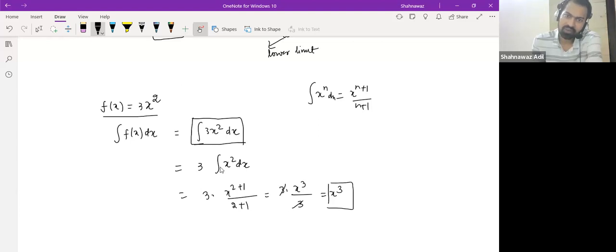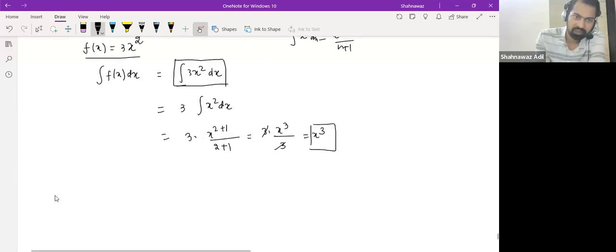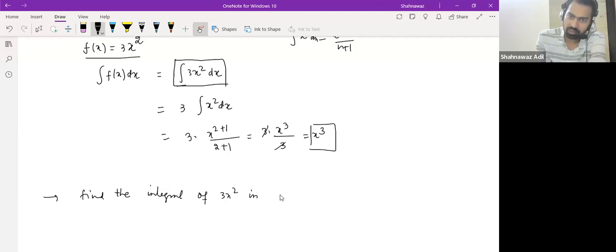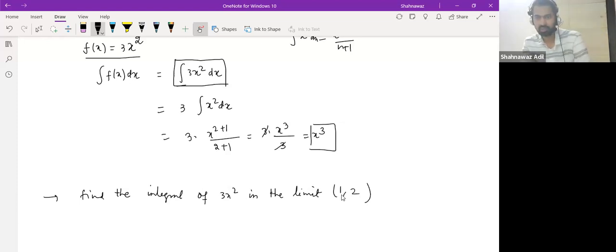Understand? Now if I put some limit on the integral, say find the integral of 3x square in the limit 1 to 2. Okay, so this is the lower limit, this is the upper limit, right?